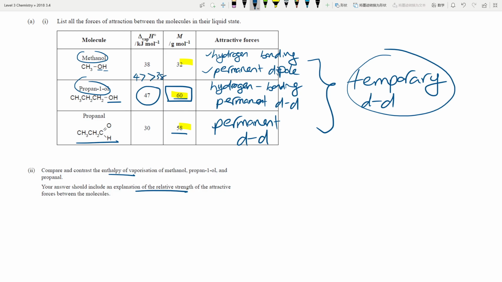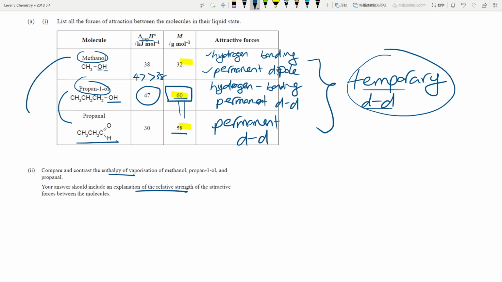Now, if we compare 47 to 30, yes, they have a similar sort of molar mass, so they have similar temporary dipole-dipole force of attraction, but because propanal doesn't have hydrogen bonding, it loses out, and so propan-1-ol has a higher enthalpy change of vaporization.